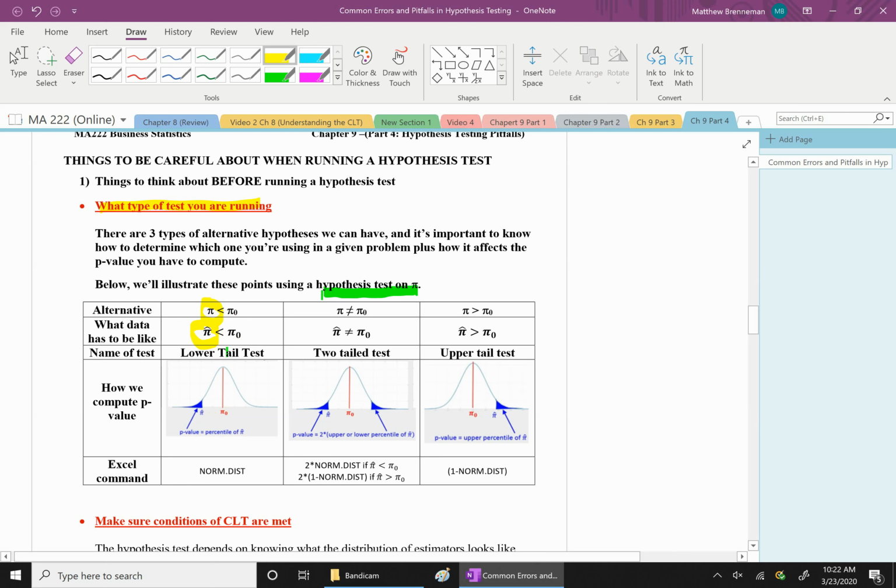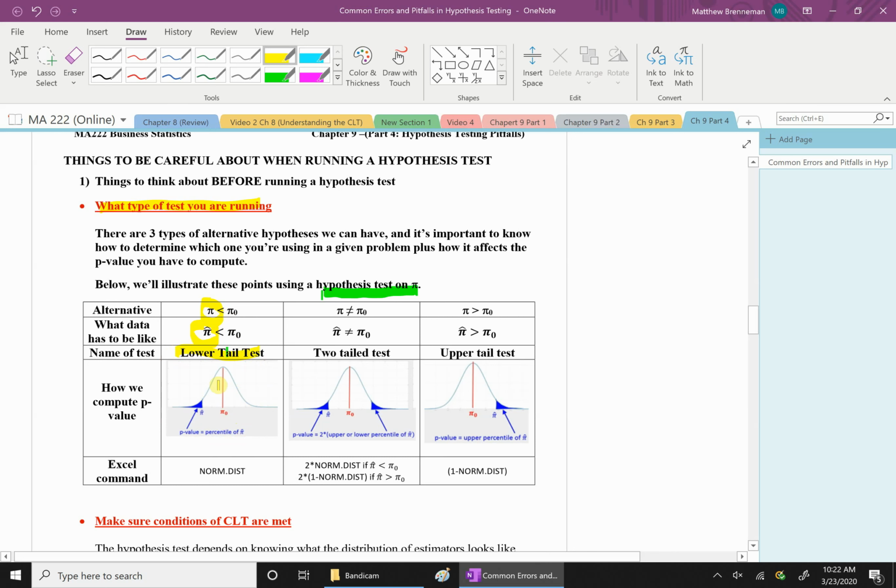Now, when we're testing to see if the parameter is less than the value under the null hypothesis, this is called a lower tail test. And the reason why is if you think about how we're going to compute the p-value, right? So this is the sampling distribution under the null hypothesis. This is the null distribution. This is what pi hats look like if the null is true.